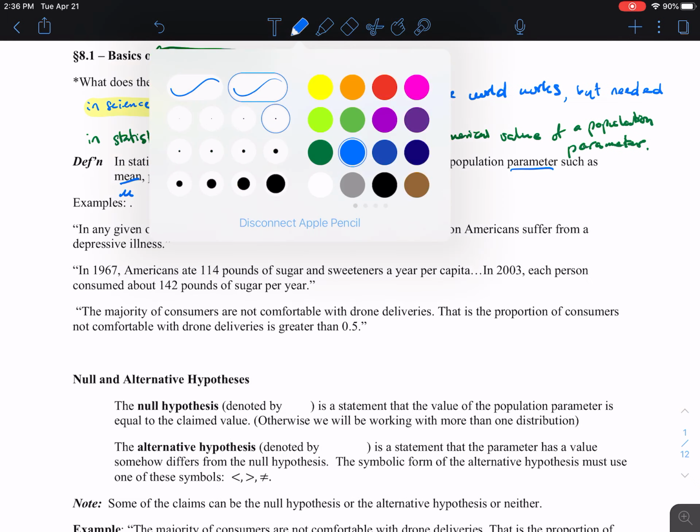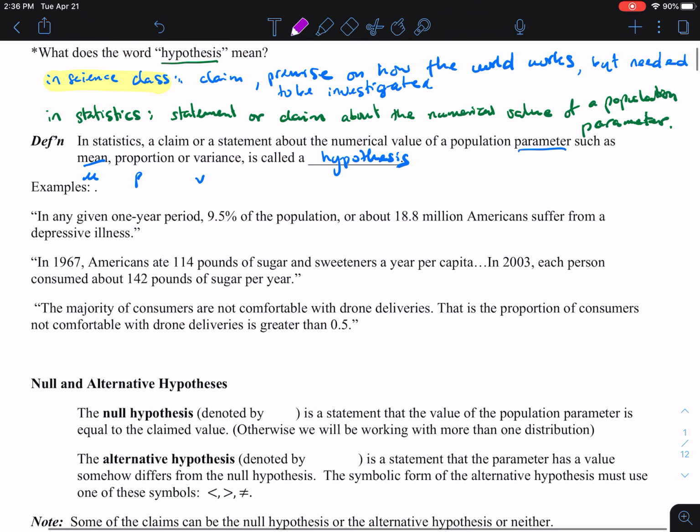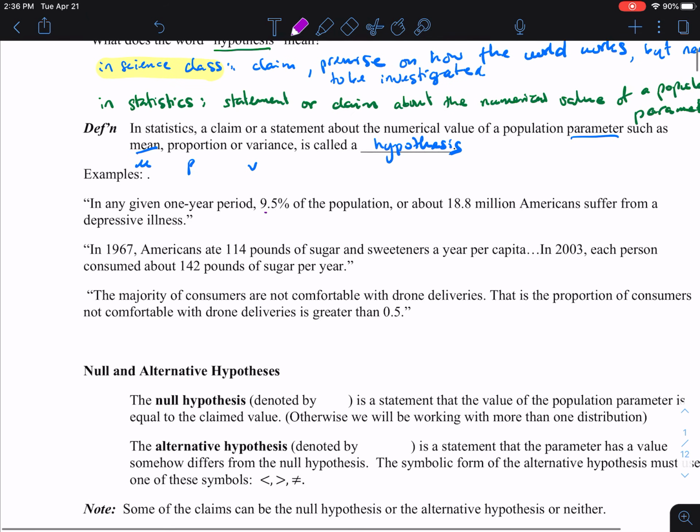Example 1: in a given 1 year period, 9.5% of the population, or about 18.8 million Americans, suffer from a depressive illness. Right there is the numerical value for the population. We don't know what year this is, so we just say 1 year period.